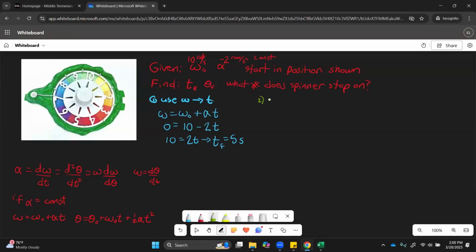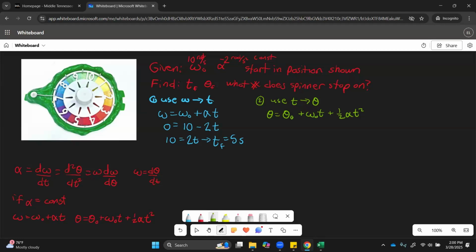So step 2 is to use the t, plug it in, and get theta. We have theta equals theta initial plus omega initial t plus 1/2 alpha t squared. We weren't given theta initial in the problem, but we were told the wheel starts in this position.